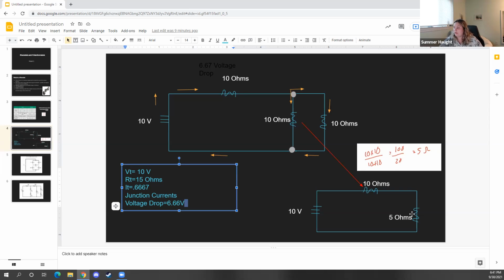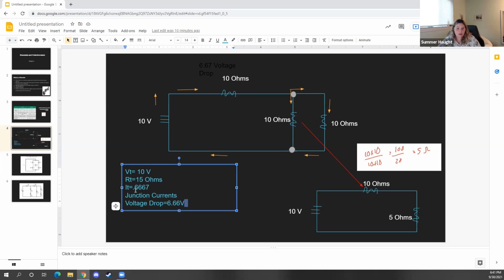So you could also find the voltage drop at the 5 ohm resistors, which we know are these situations right here, by just doing 0.667 times 5, which is 3.33. So the voltage drop is 6.67 here, and the voltage drop is 3.3 here and 3.3 here, which makes sense because the total volts is 10. If we treated just this as a series circuit, 6.67 plus 3.3 equals 10, basically. So that's kind of how it all relates together.